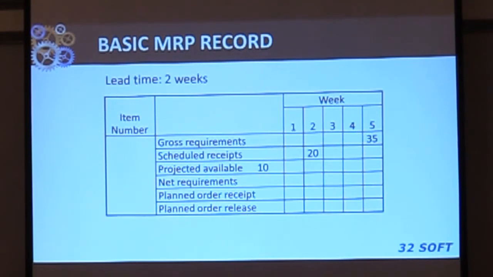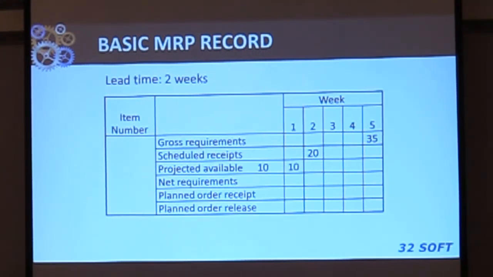And this is just a little foil overhead I had from the webinar we did in June. And it's kind of a simple process. You've got a starting quantity on hand. In this case, I've got 20 scheduled. This could be a purchase order or a work order. And I've got a demand for 35 out there in period 5.